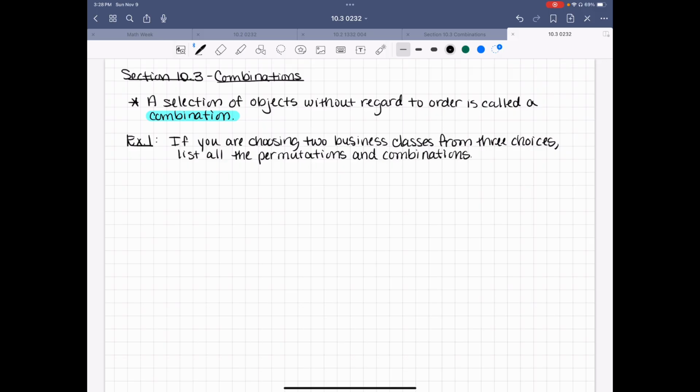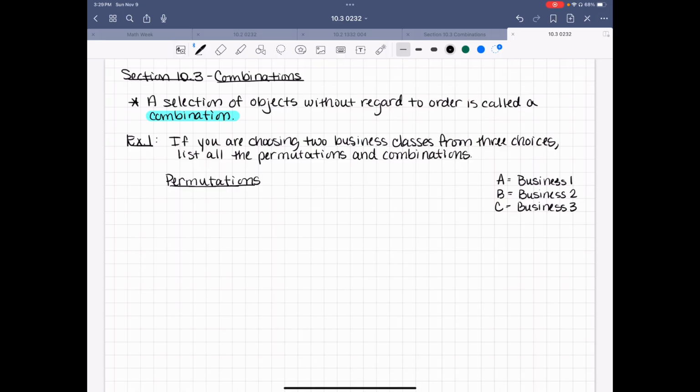Okay, so we're going to start off with our permutations like we've been talking about. It doesn't ask me to find how many, it just asks me to list them. So let's label them. A will be business class 1, B is business 2, and C would be, of course, business 3.